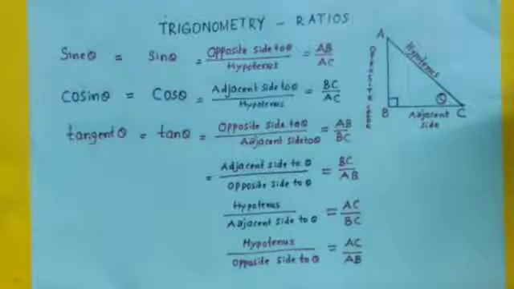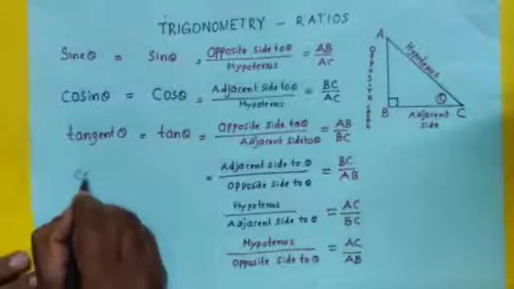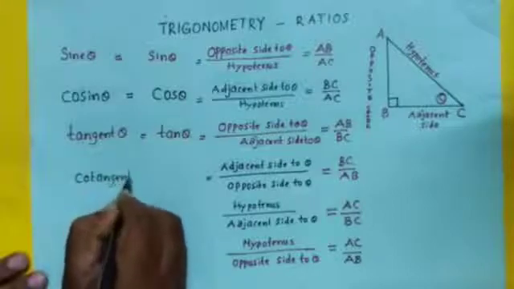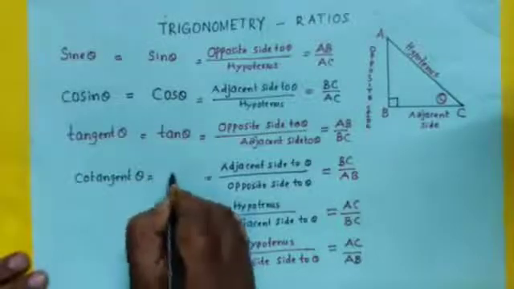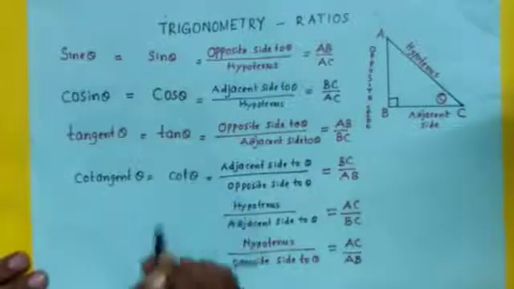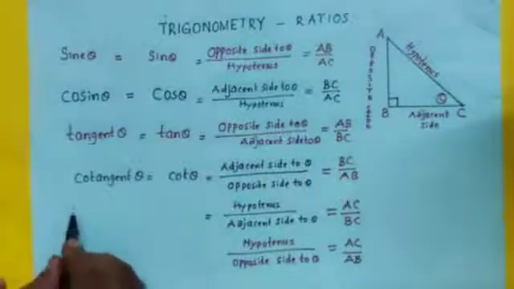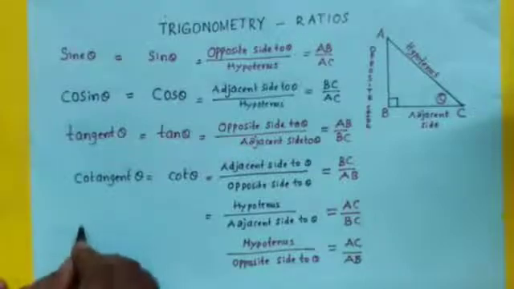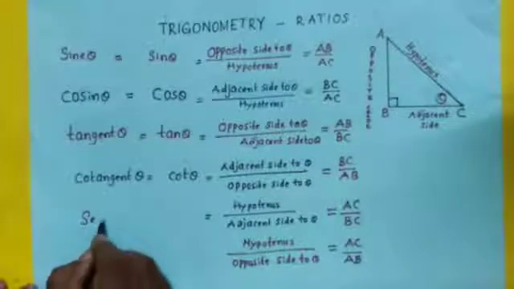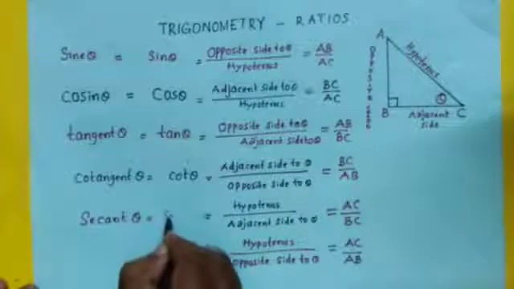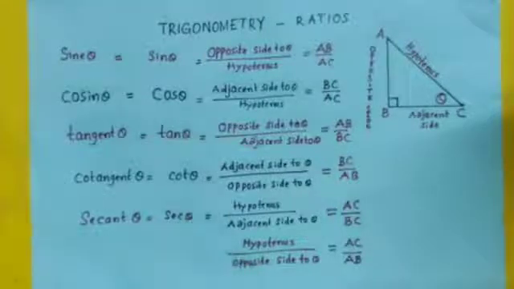And this is cotangent theta, briefly we say cot theta. And this is secant theta, briefly sec theta.